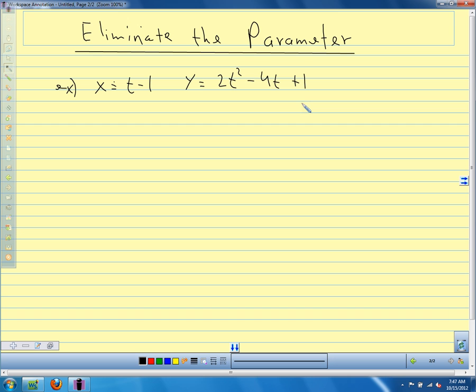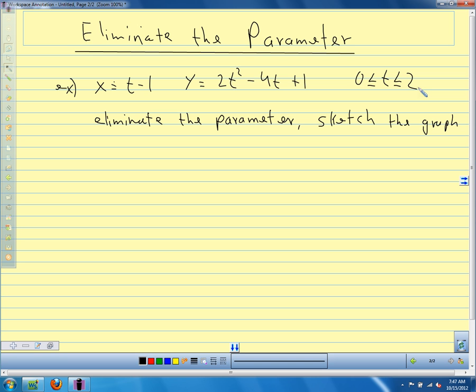We want to eliminate the parameter and sketch the graph. And let's say our domain for our parameter is restricted to 0 less than or equal to t, less than or equal to 2. So we're given this set of parametric equations.